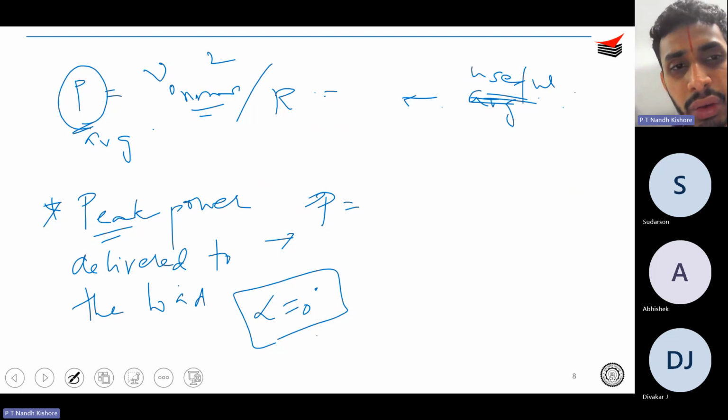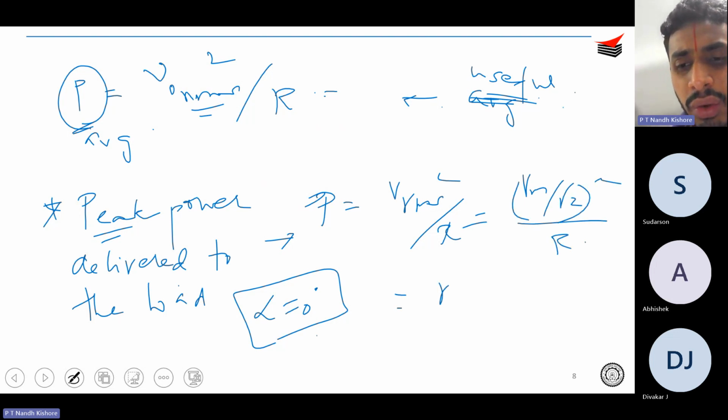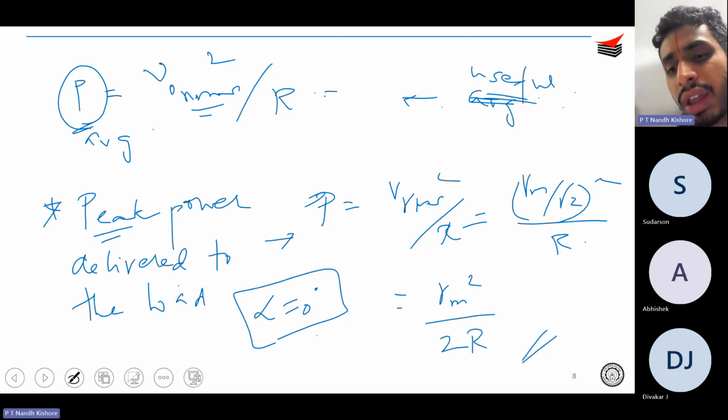And the power is going to be VRMS square over R, that is Vm by root 2 the whole square over R, which is Vm square over 2R. So this is the peak power delivered to the load. Got it?